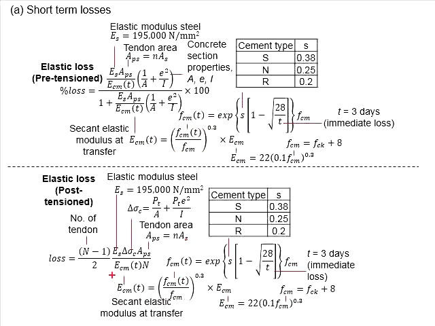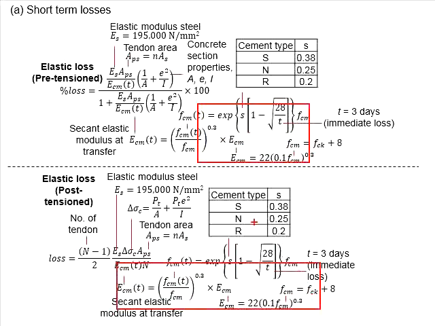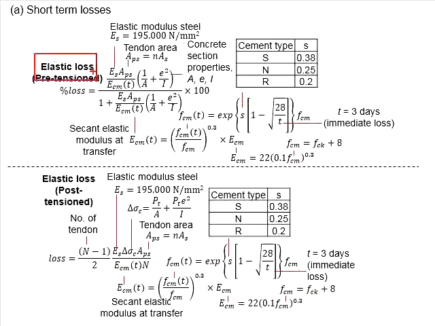The equation for ECMT is given here, which is a function of ECM and in the relationship of SCMT and FCM. The equations for SCMT and SCMs are given here. Again, this entire calculation step is similar to the elastic losses for the pre-tension member.